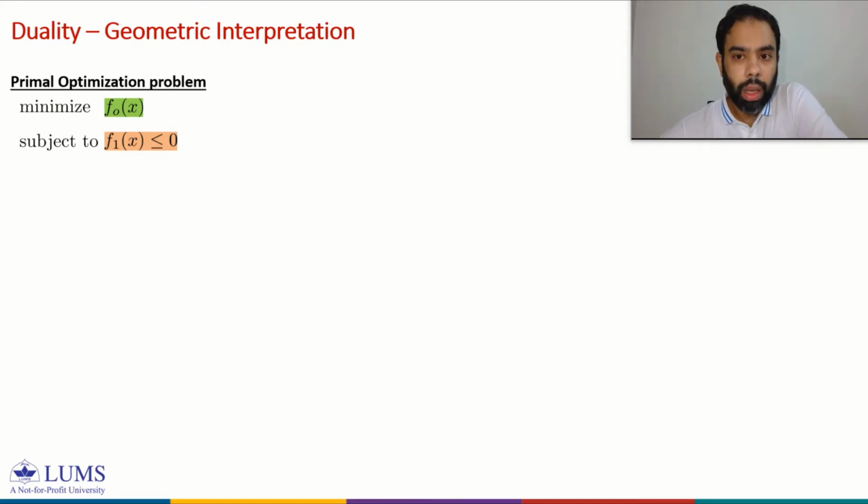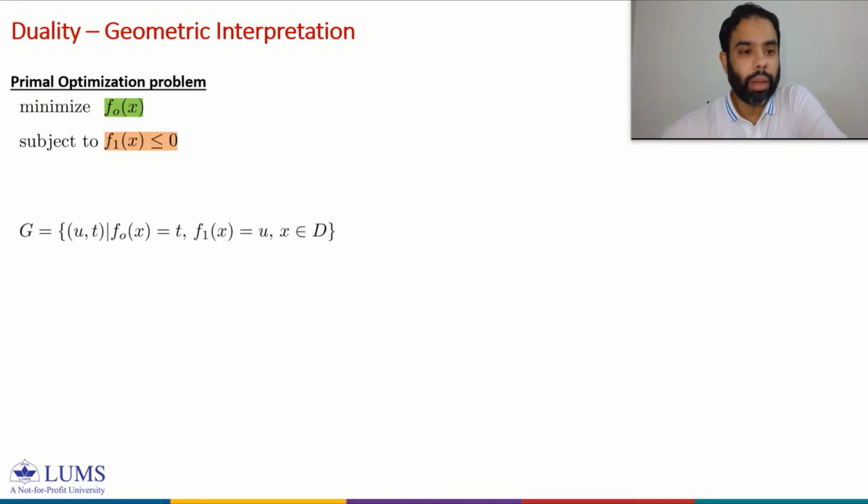Okay, so for this primal optimization problem, and to interpret it geometrically, I'm going to define a set G in R2, parameterized by two variables u and t, where we choose u and t such that f0 of x is equal to t and f1 of x is equal to u for every x that belongs to the domain of the problem.